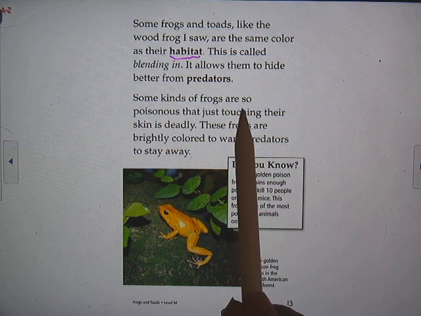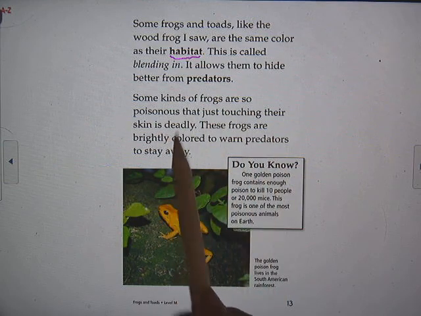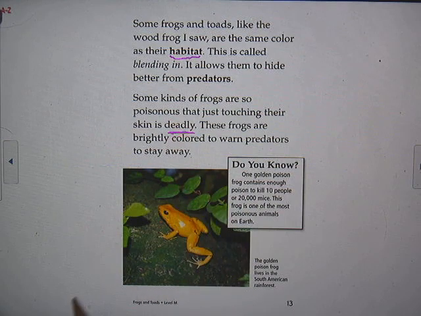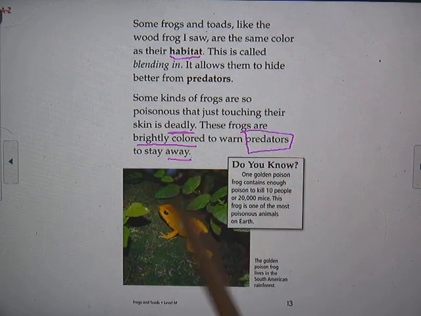Some kinds of frogs are so poisonous that just touching their skin is deadly. These frogs are brightly colored to warn predators to stay away.